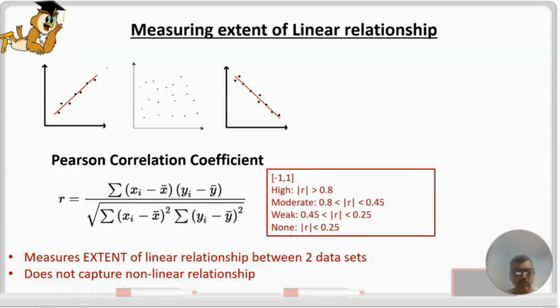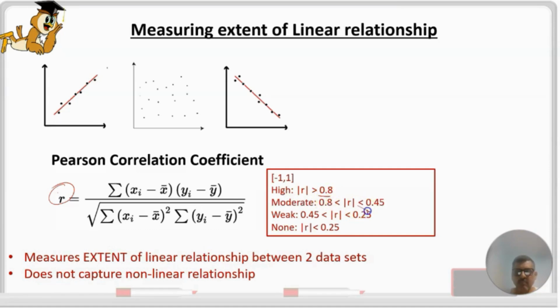If you examine this equation, R takes values from -1 to 1. Typically, a magnitude of R higher than 0.8 is considered to be a high linear correlation.